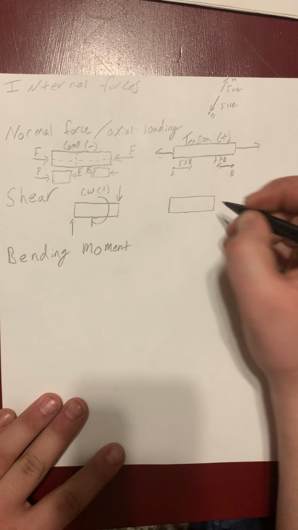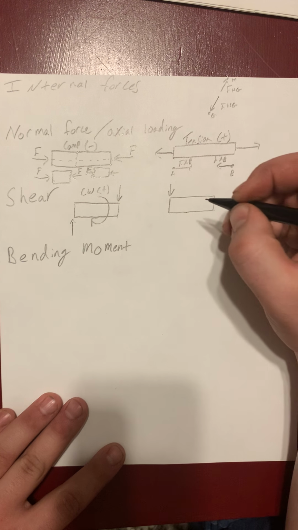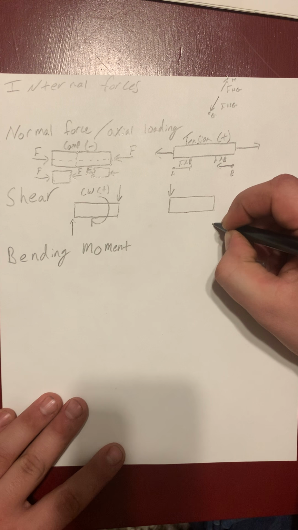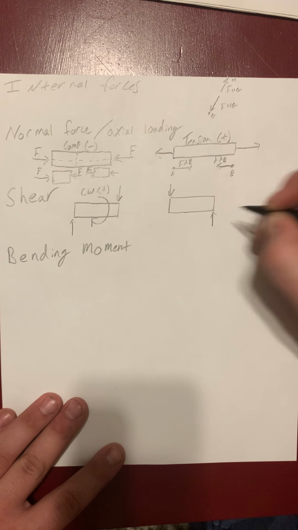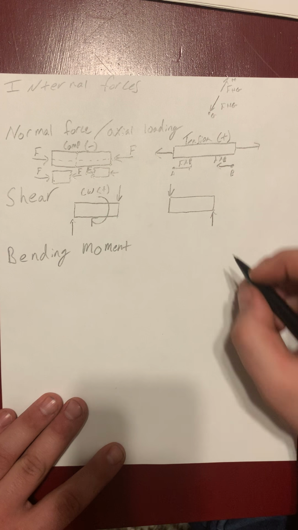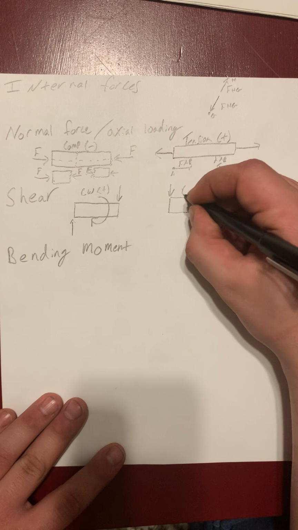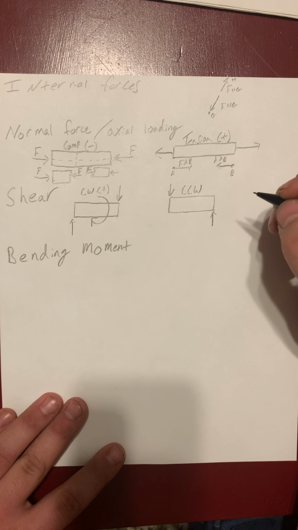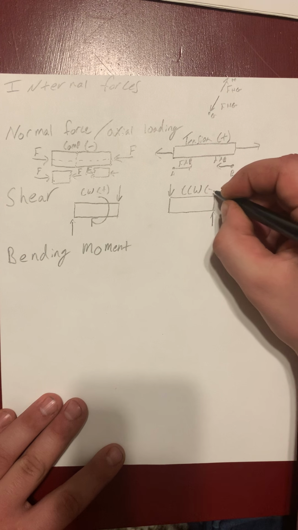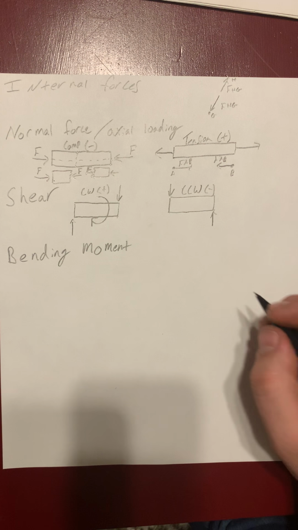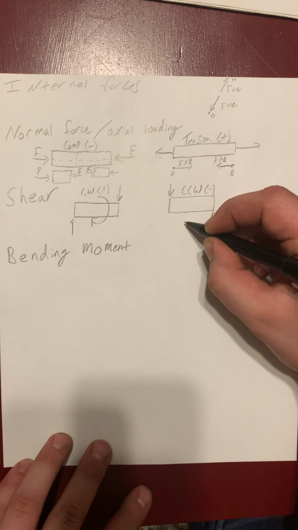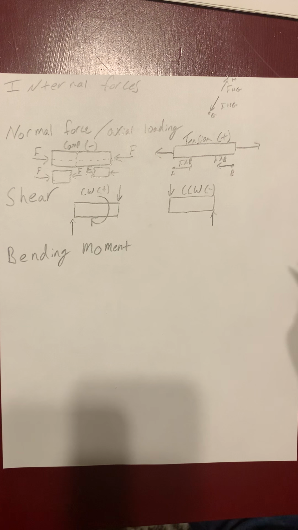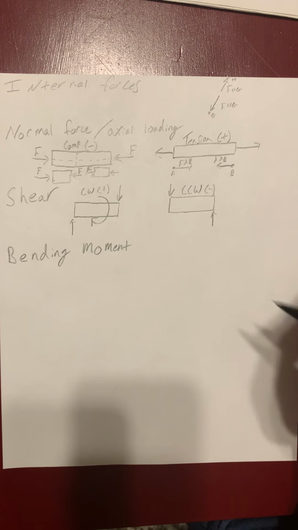If we have a force here on the left going down, and a force here on the right going up, that there is counterclockwise shear, and that there is negative, because that causes rotation in this direction. Don't ask me why, but that's the sign convention.